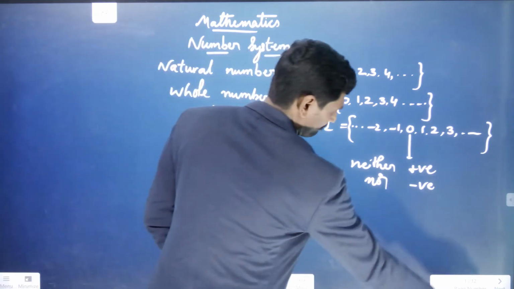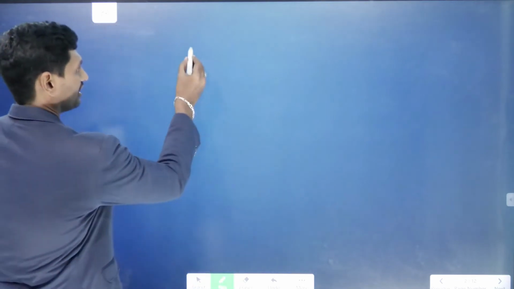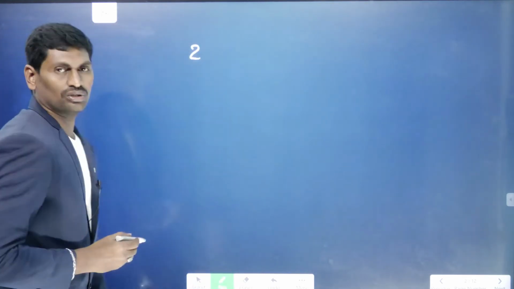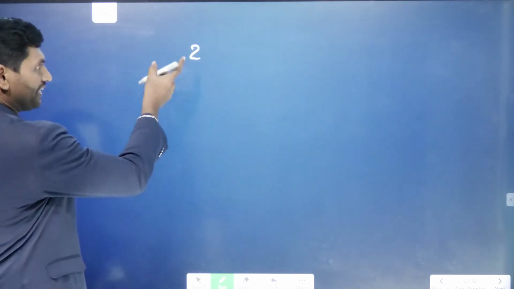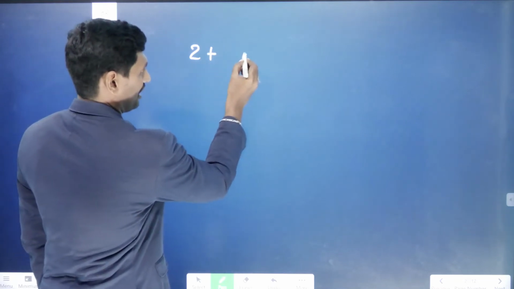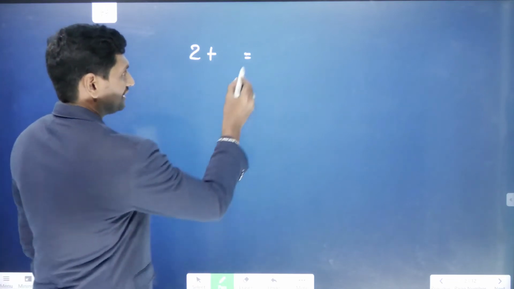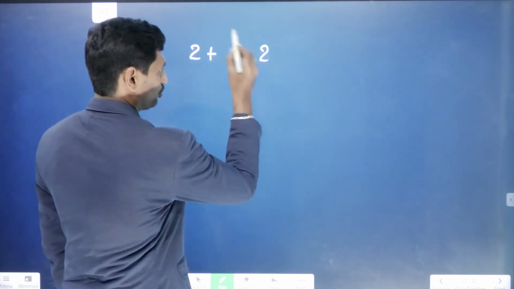Let us take one example. If you take your ID card, your picture is printed on it, and that photograph represents your identity. In the same way, the number system also has an identity property. Suppose I take the number 2 and add some number to it, but the result is still 2.